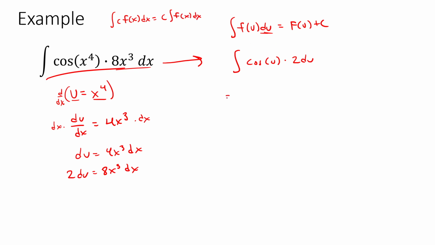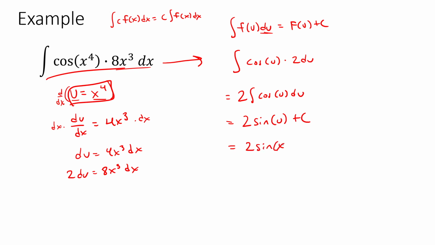So we can pull that 2 to the front and make this even easier. All right, so now we are able to take this integral. What is the integral of cosine? Well, it's just sine. So this will be 2 times sine of u plus c, don't forget that. And now we know u is x to the fourth, so we replace that and we're done. That is the answer.